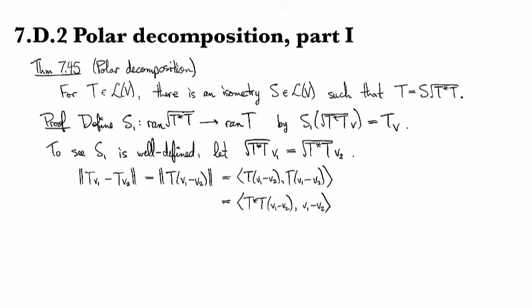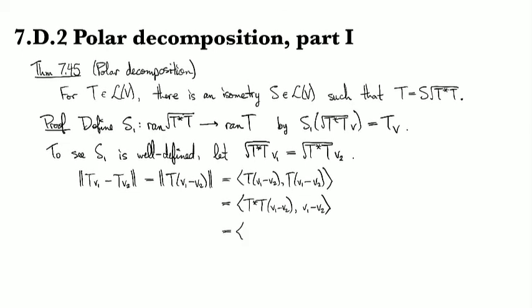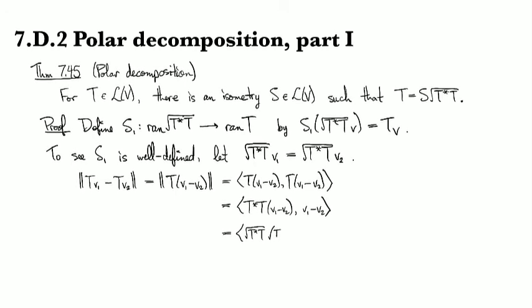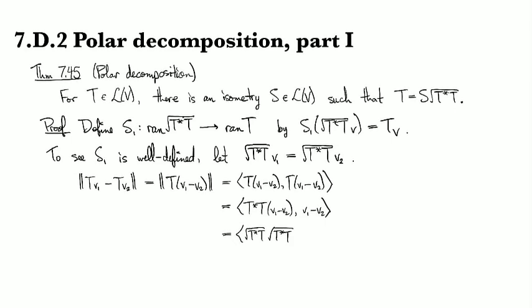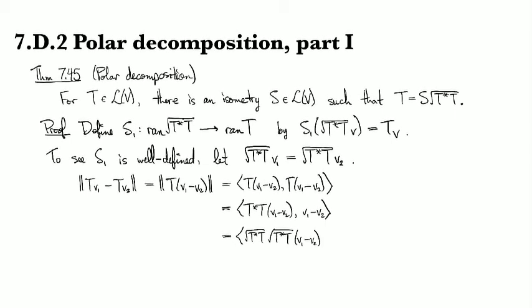Then we know that T star T is positive, so it has a unique positive square root. So we use the defining property of the square root.